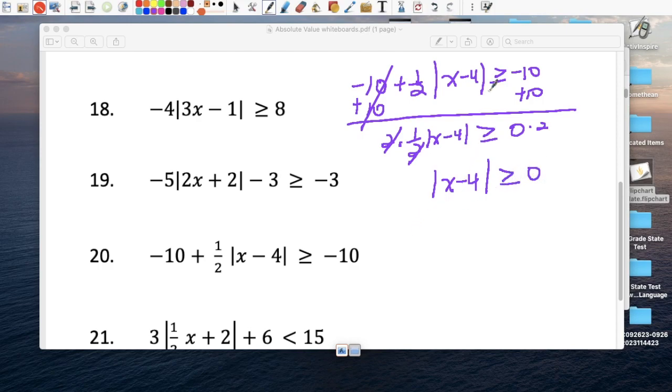So when is the absolute value of something greater or equal to 0? Now we can start thinking about this. Let's draw a number line and put 0. Will 0 work? Yeah. Will 1 work? Will 2? Will 3? Will 4? Will 5? Will 6?